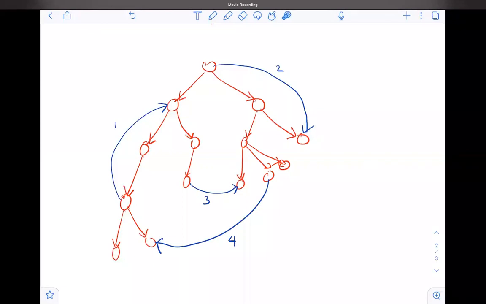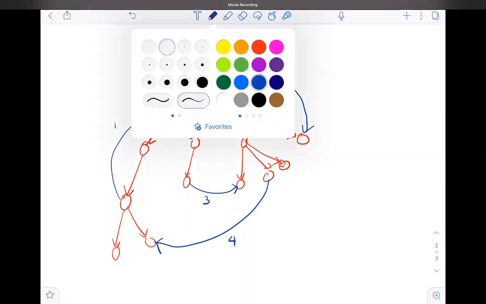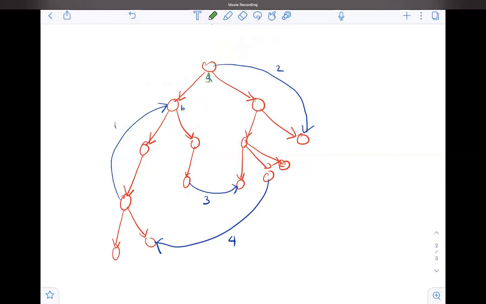Let's say that we went left. So let's say that this is how we went left. In terms of the order of discovery, this one was discovered first. Then this one was discovered second, third, fourth, fifth, sixth, seventh.